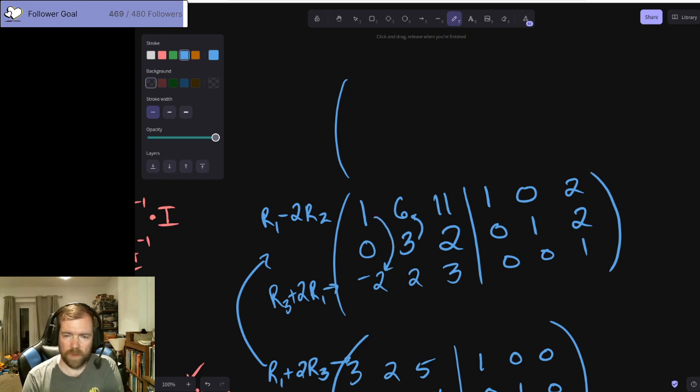Alright, so use our 1 to get rid of the -2 in the bottom row, and use our 3 in the second row to get rid of the 6 on the top row. Like that. So here we're going to get 1 minus 0, still going to be 1 in the first position. 6 minus twice 3 is 6, is 0. And 11 minus twice 2 is 4, is 7.